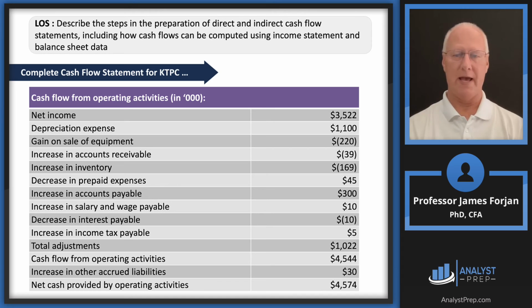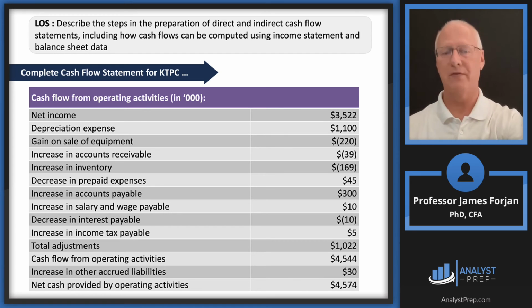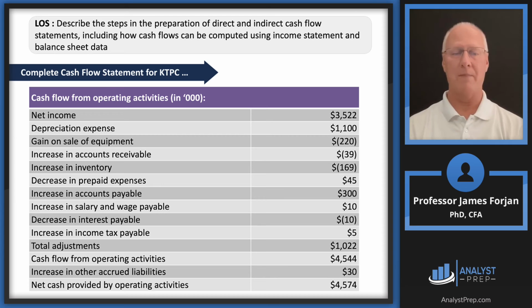So let's go ahead and put together this entire cash flow from operating activities. So you do all this stuff that we just did. And by the way, I went through that fairly quickly, so I'm guessing you paused the video and went back and verified all those numbers. But look at that bottom. Net cash provided from operating activities, 4574.